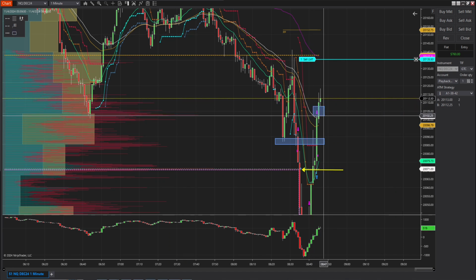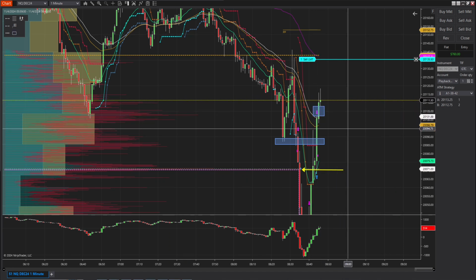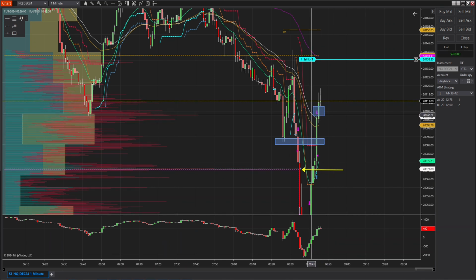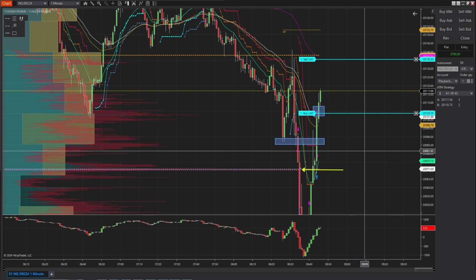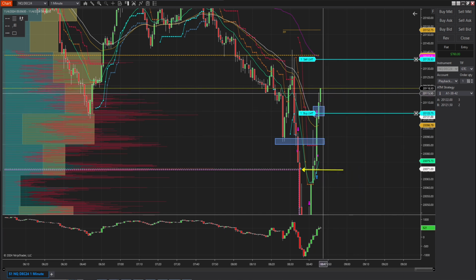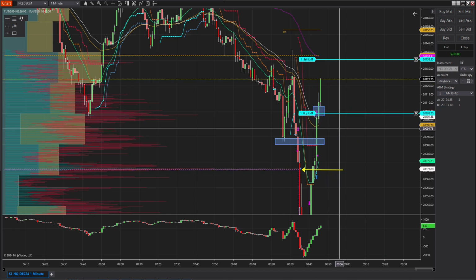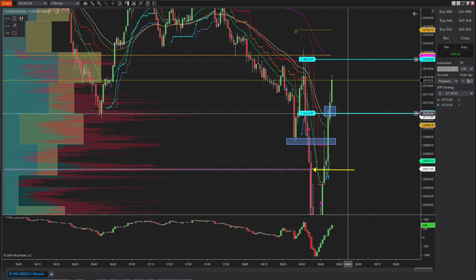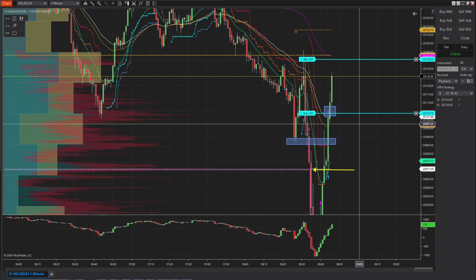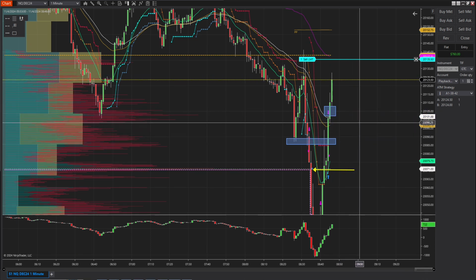So this is the fair value gap, and you could place the order somewhere at least halfway here. Order submitted. And expecting to go higher, and the stop can be right at the low of this bar. So I'm going to cancel this order. This one cancelled.